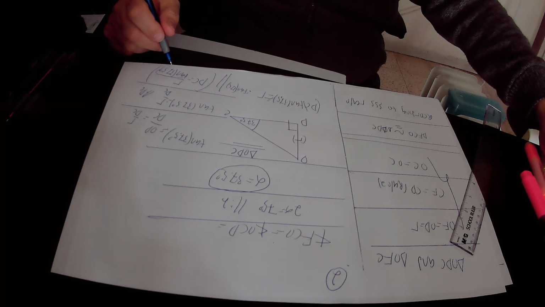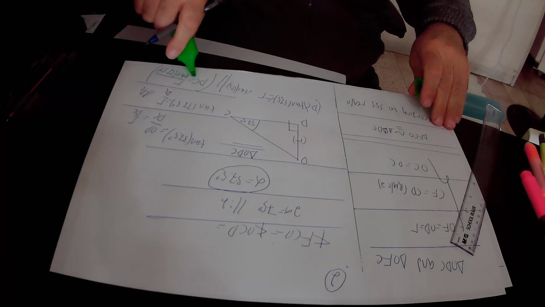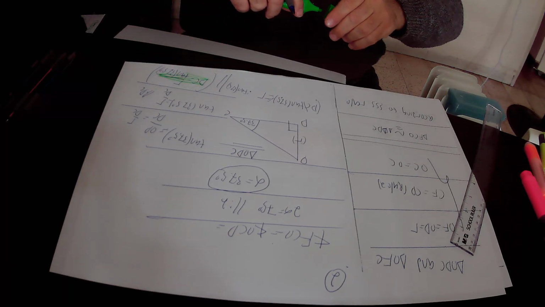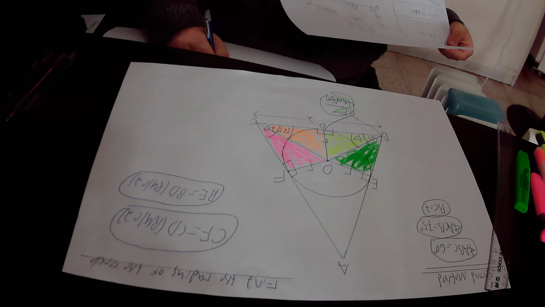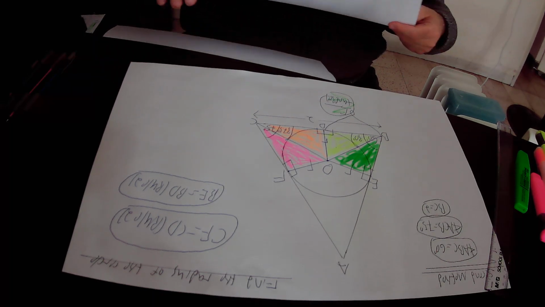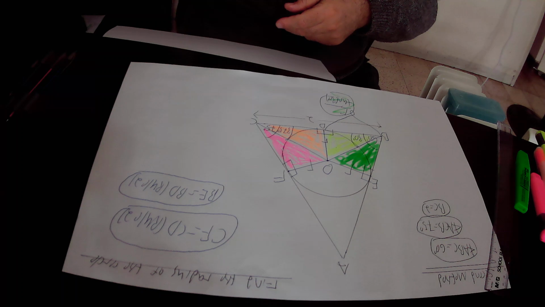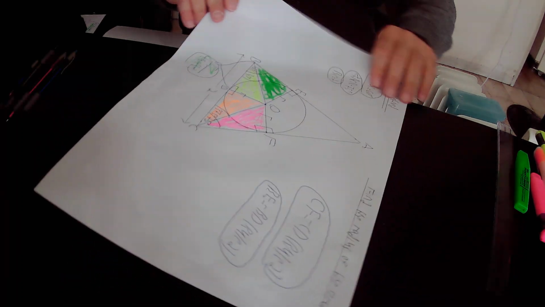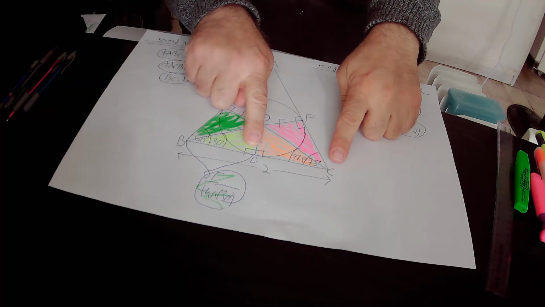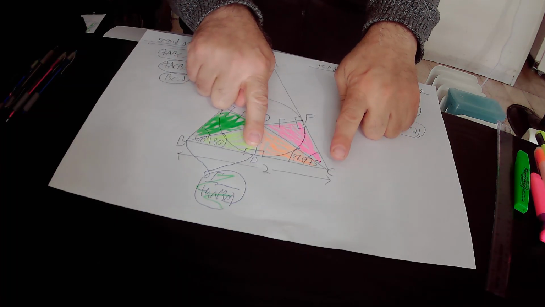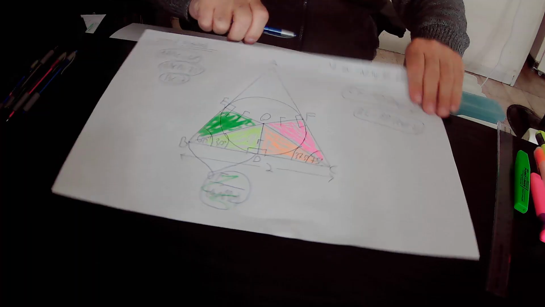So we actually found out that this line segment DC equals R over tan 37.5 degrees in its length. So I write it down.